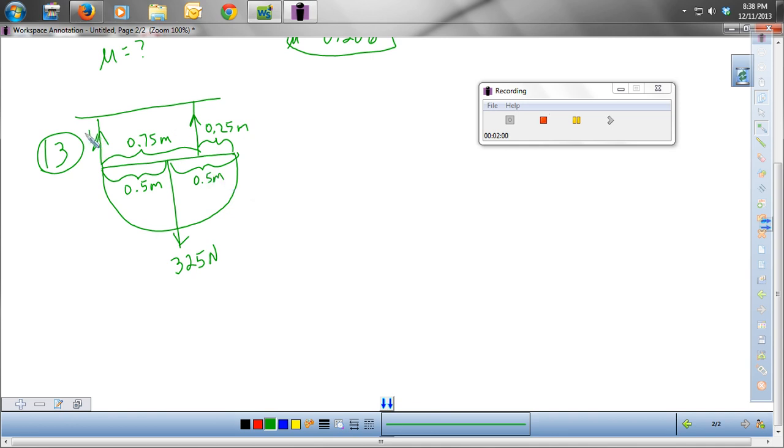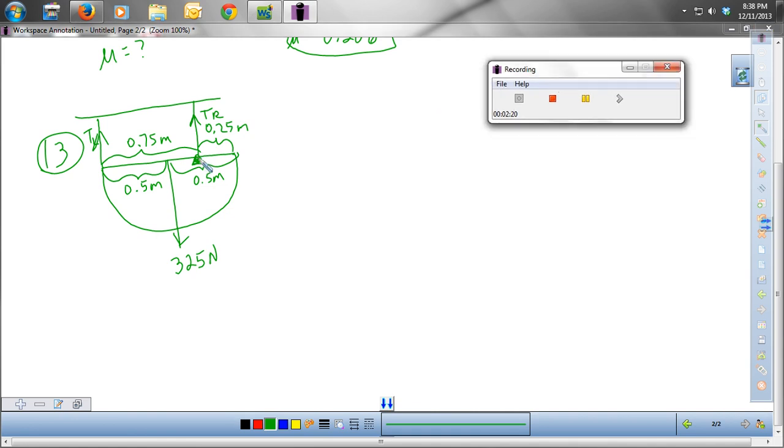Okay, so we'll call this T1, or T on the left and T on the right. Alright, so what I said was, well, I'm going to put my pivot where one of my tensions is, because that'll get rid of an unknown. If the pivot is here and I'm pulling up like that, then my sign is going to swing clockwise, so that tension is going to create a clockwise torque.